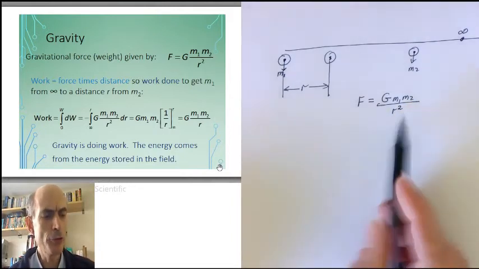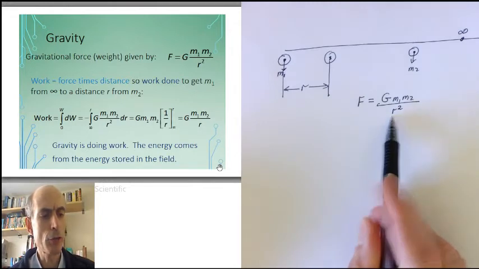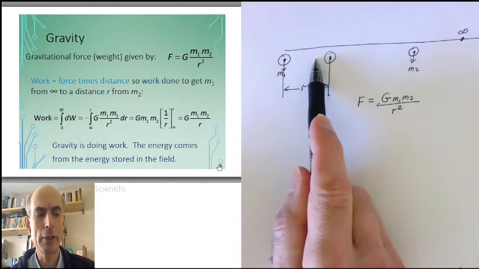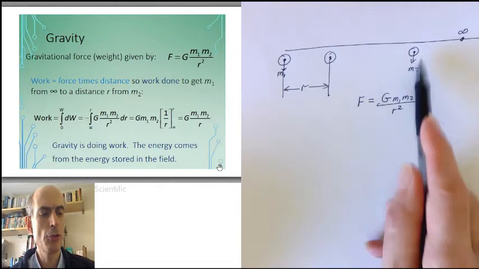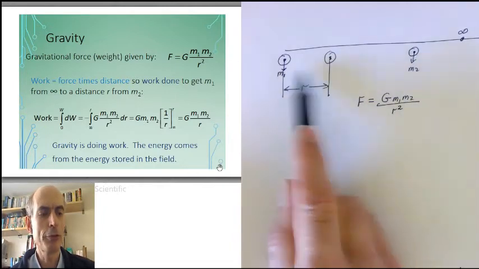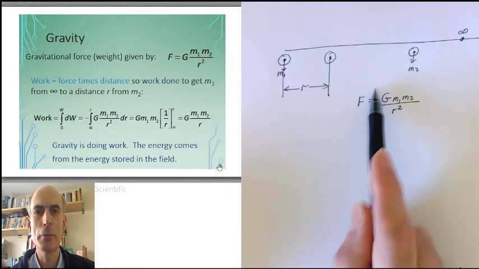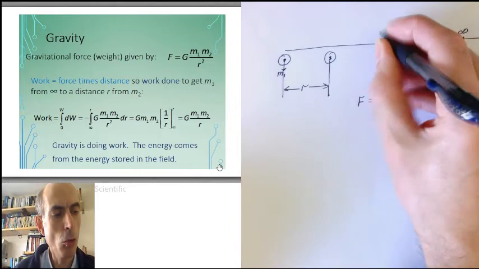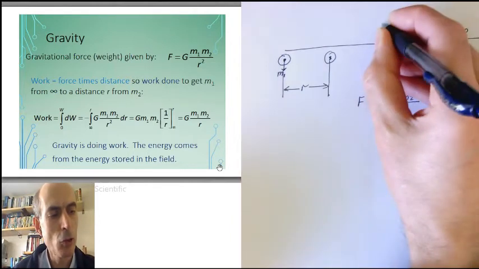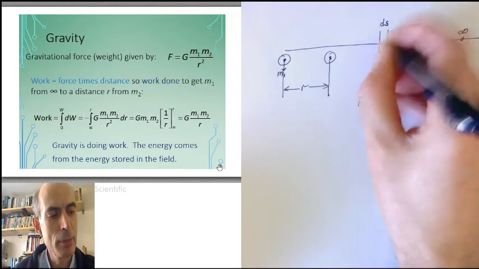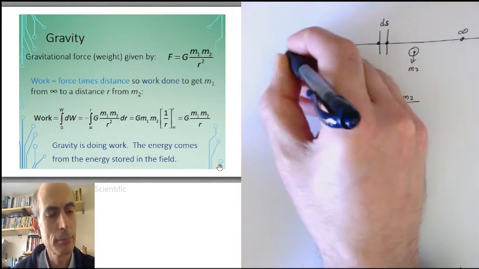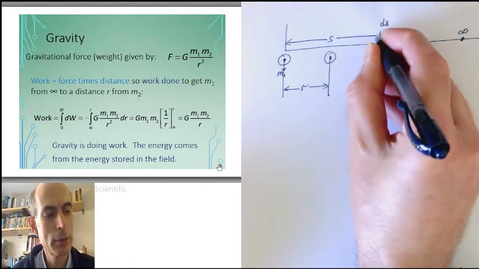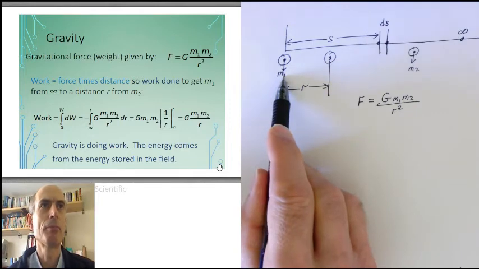Now, unfortunately, we can't just take the force on this mass and multiply it by the distance that it's travelling, because the force isn't constant. The force is a function of how far the two masses are apart. What we have to do is consider just a small distance, I'll call it ds, from there to there. And it is a distance s away from where m1 is.